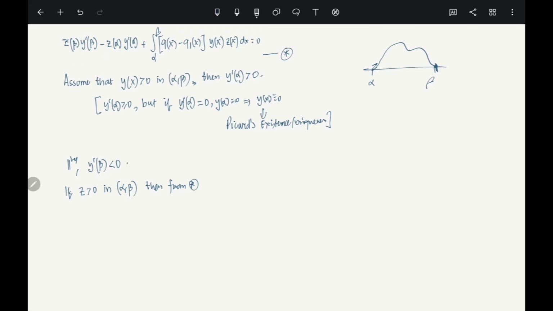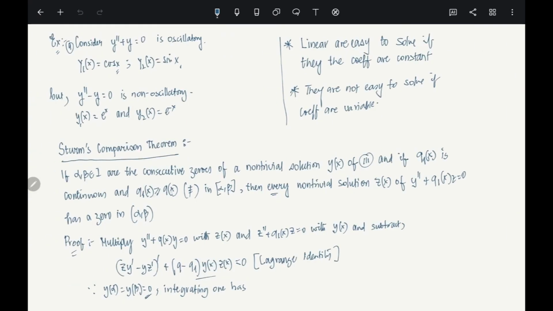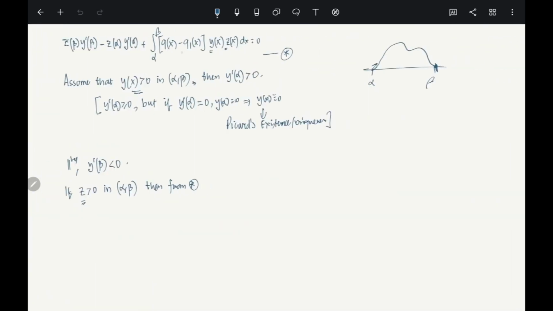Is this okay? Right. Now let's look at y. Y is positive in alpha beta, this is what we assumed. What about z? Z is positive in alpha beta. What about q minus q1? Q minus q1 is going to be negative. Is this okay? See, q1 is greater than or equal to q. That's what is given to us, right? So what does it mean?